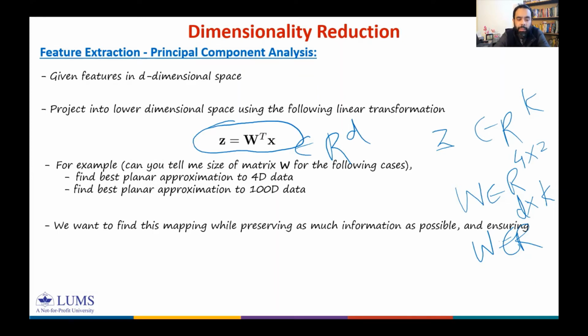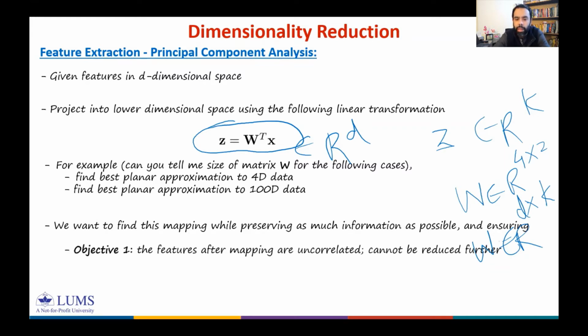So we want to find this mapping while preserving as much information as possible and ensuring these two objectives. The first one is that the features after mapping are uncorrelated, or it simply means they cannot be reduced further, right? So there is zero correlation between the new features.